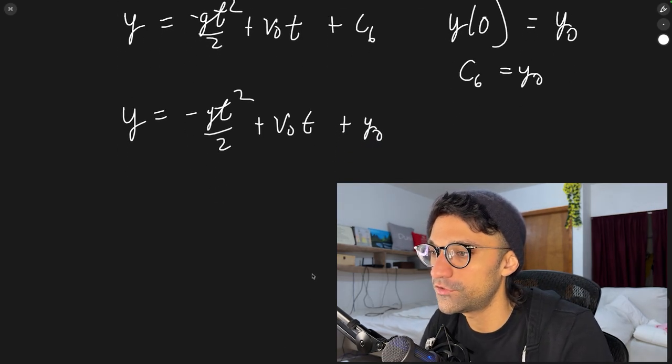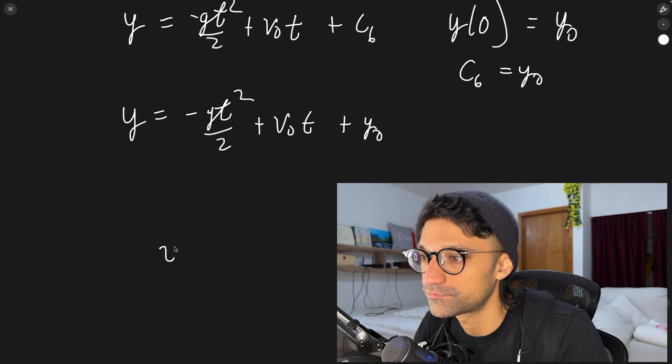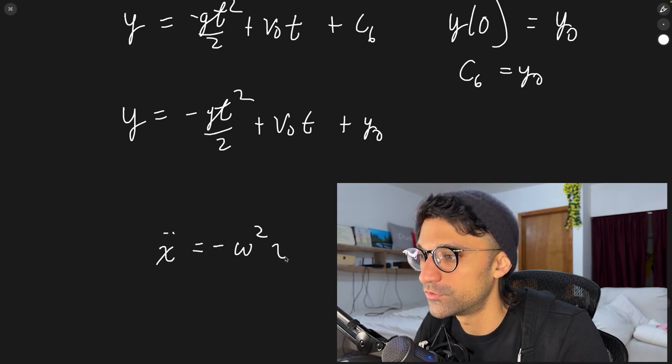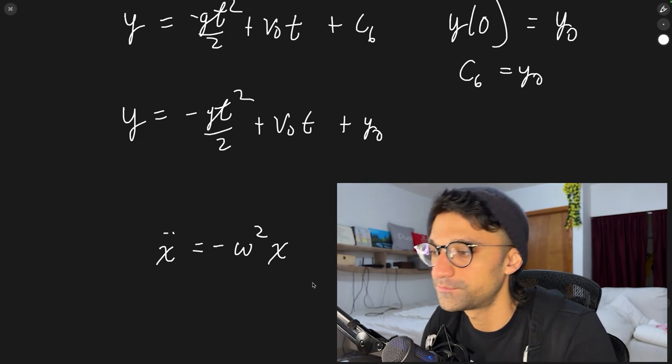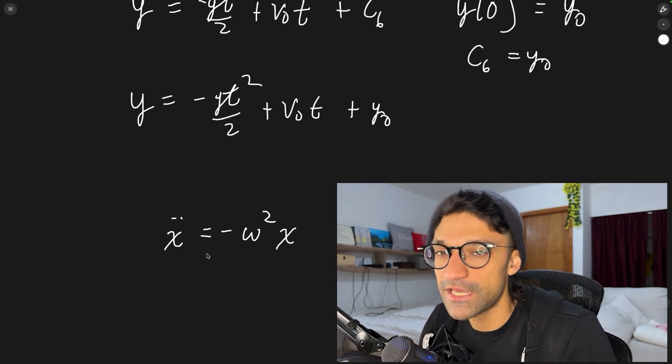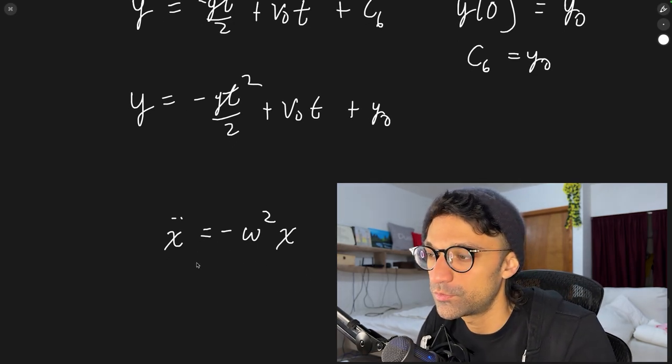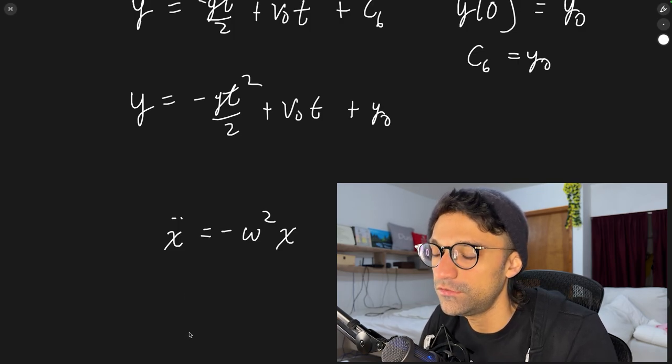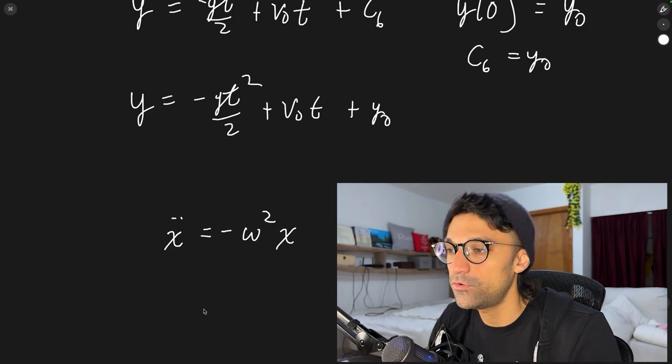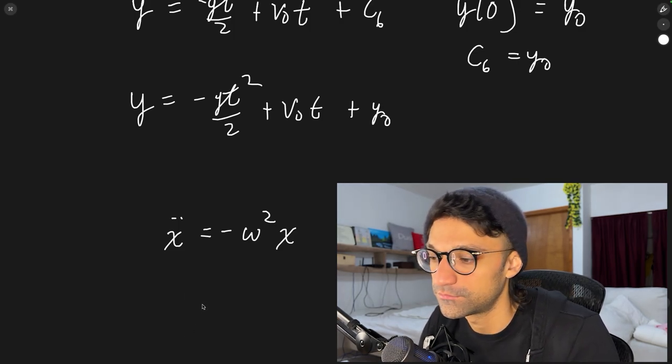So here we have another differential equation. And we'll talk more about this one in chapter 4. But this has an exact solution, right? But we're not going to worry about the exact solution right now. We're going to see how we can solve this numerically.